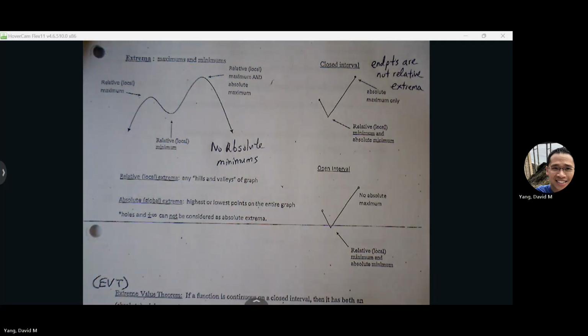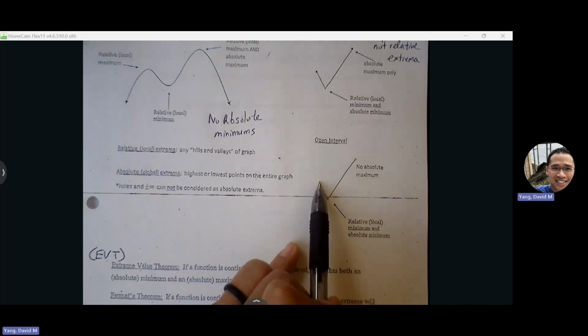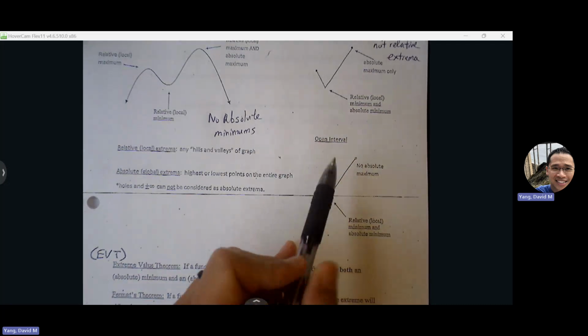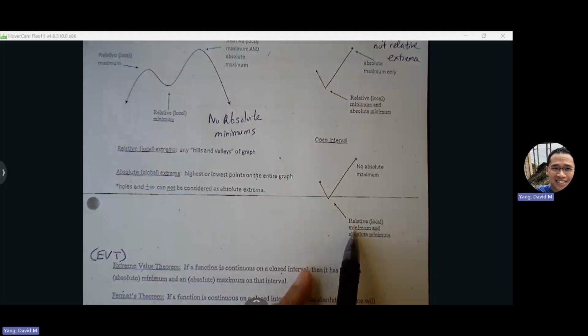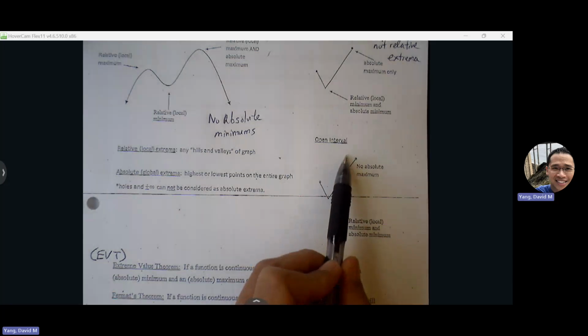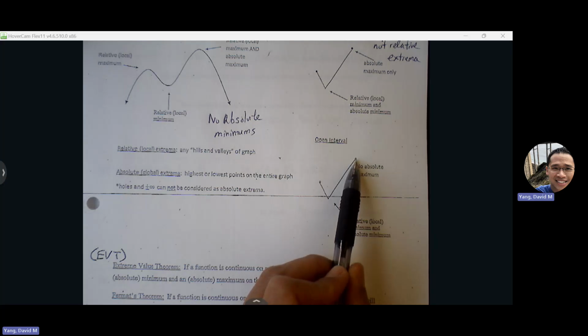Now, if I have an open interval, that means it's a hole at the endpoints instead of a point. This point would still be considered a relative minimum and an absolute minimum. But here, there would be no absolute maximum because even though we get infinitely close towards this point, let's say this is a y value of 5, we can always pick a point closer.